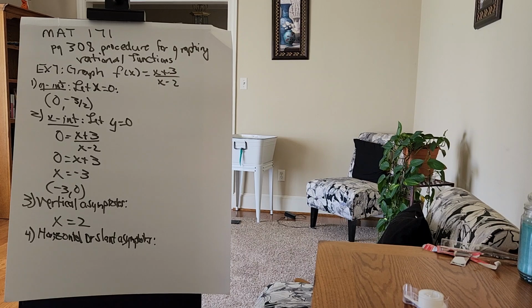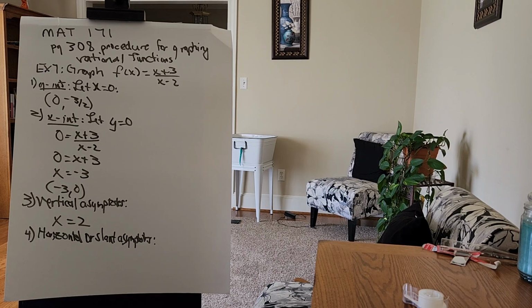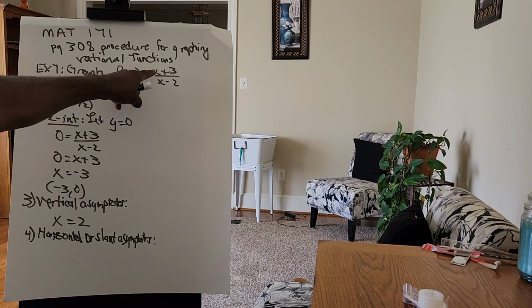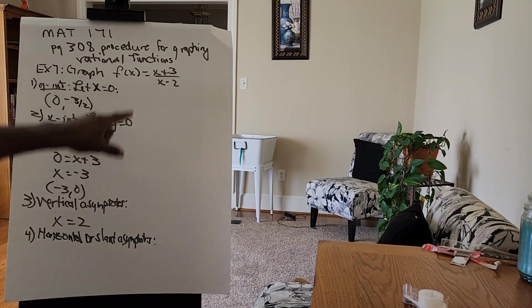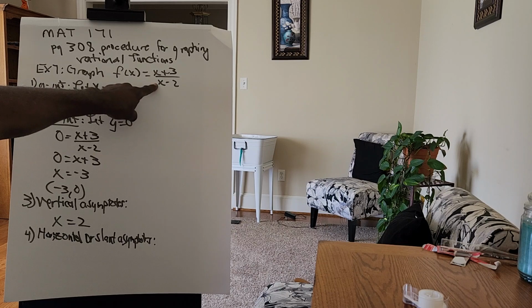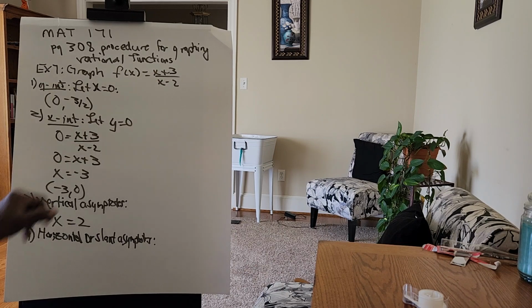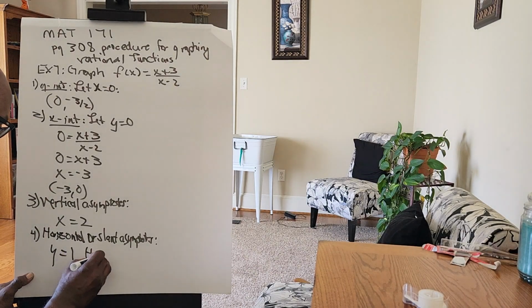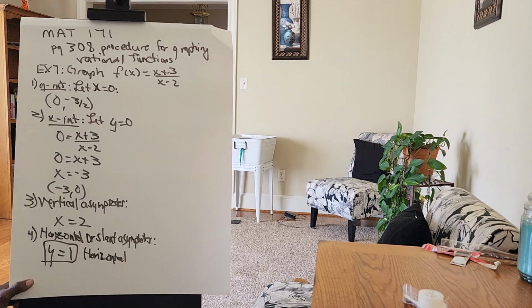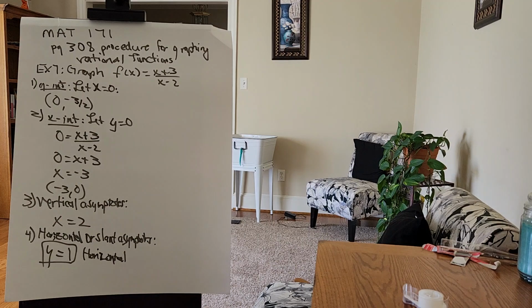If you remember, there was a set of steps on page 303 for finding horizontal asymptotes. Since the degree of the numerator is the same as the degree of the denominator, we'll take the ratio of those coefficients. There's a 1 in front of this x, and there's a 1 in front of that x. So 1 over 1 makes y equals 1. So y equals 1 is the horizontal asymptote.